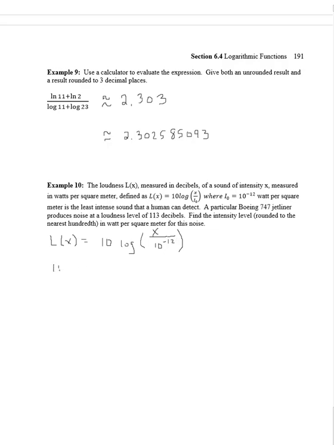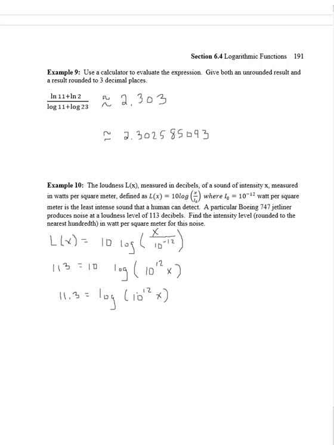So 113 equals 10 log of x over 10 to the minus 12. The 10 to the minus 12 in the denominator is really 10 to the 12th power in the numerator. And we're going to divide both sides by 10 here. So that gives us 11.3 equals log of 10 to the 12 times x.